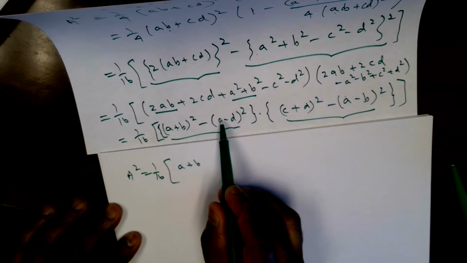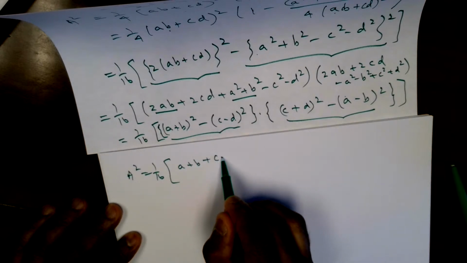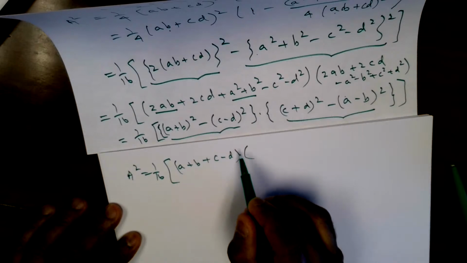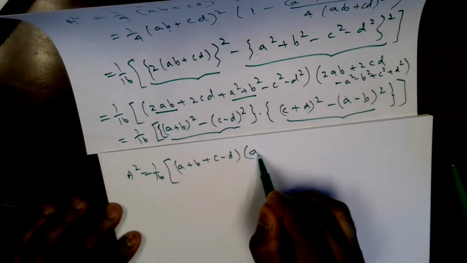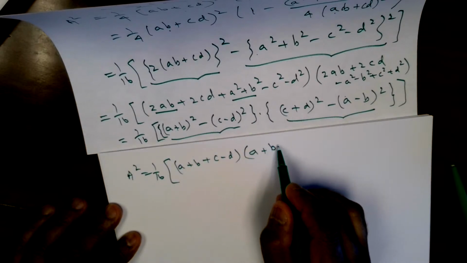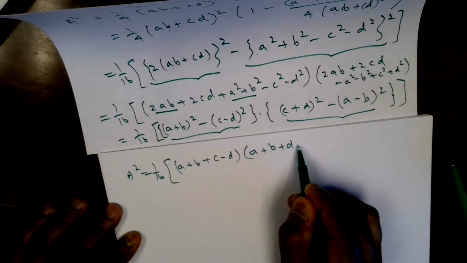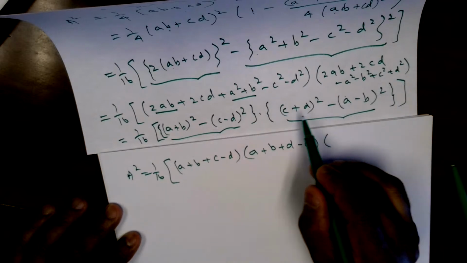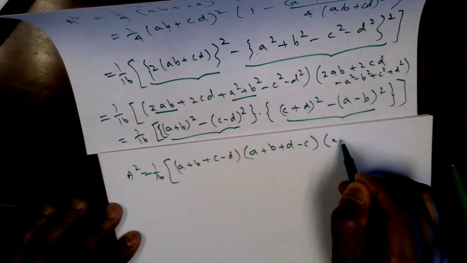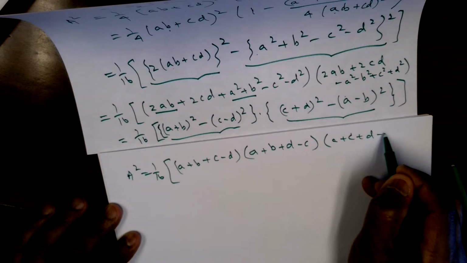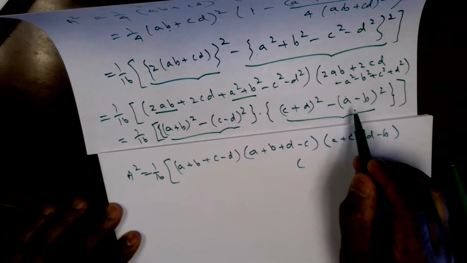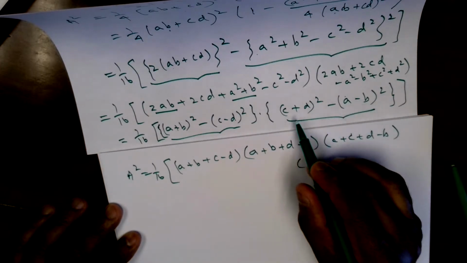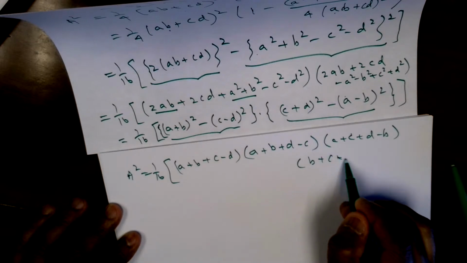This is a plus b plus c minus d multiplied by a plus b minus c plus d multiplied by here a plus c plus d minus b, and the last term is b plus c plus d minus a.